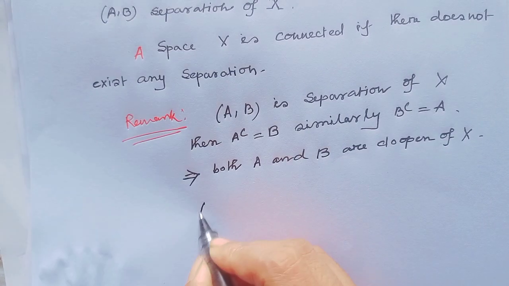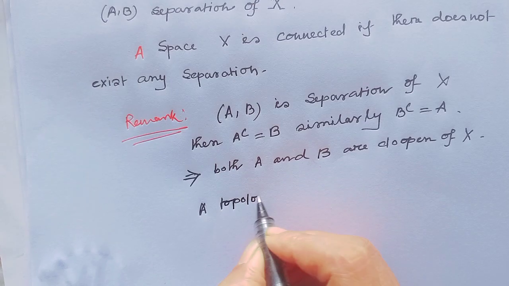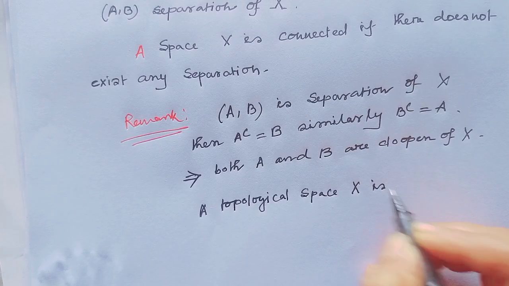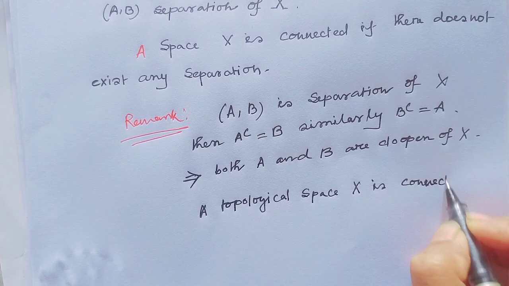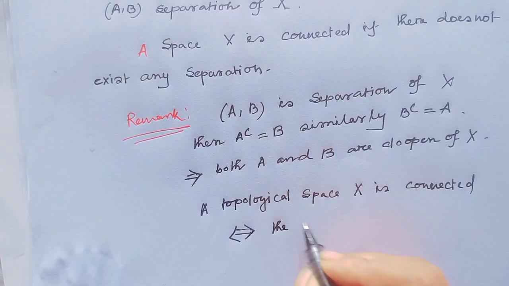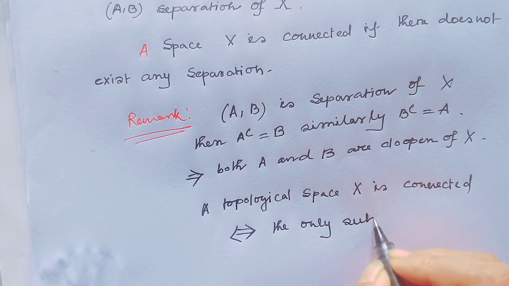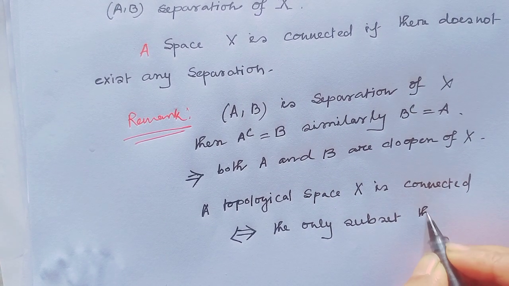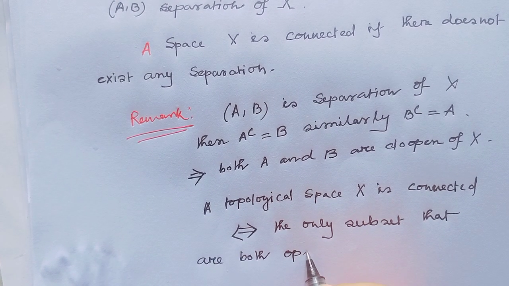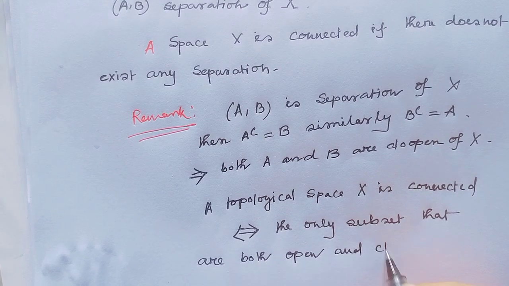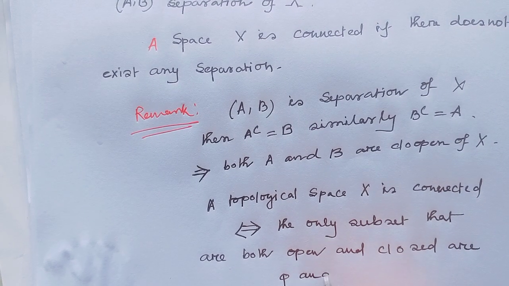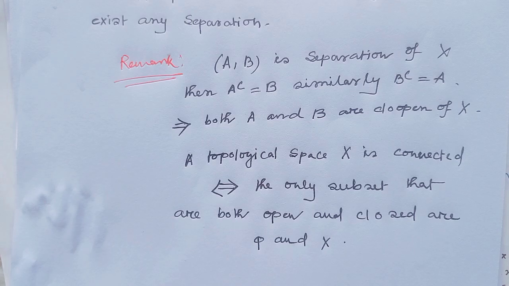And when a topological space X is connected, then the only subsets that are both open and closed are phi and X. I hope all viewers have understood.